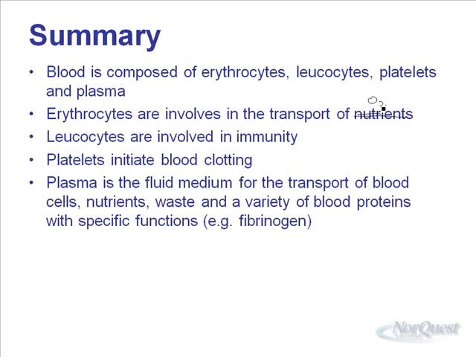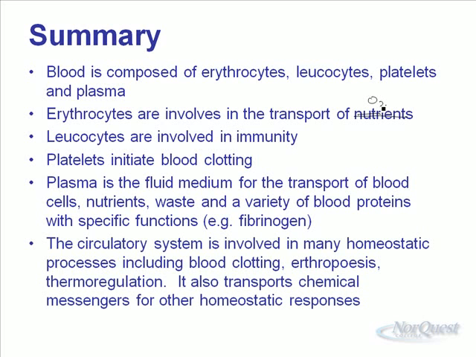Plasma is the fluid medium for the transport of blood cells, nutrients, waste, and a variety of blood proteins with specific functions, such as fibrinogen. And the circulatory system is involved in many homeostatic processes, including blood clotting, erythropoiesis, and thermoregulation. It also transports chemical messengers for other homeostatic responses. So the circulatory system plays a large role in homeostasis.